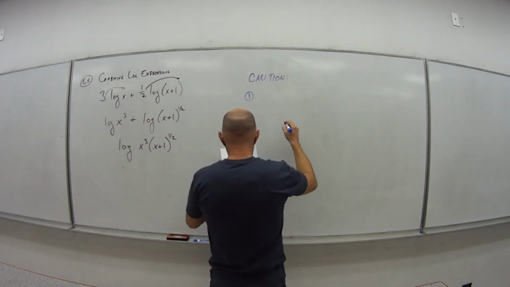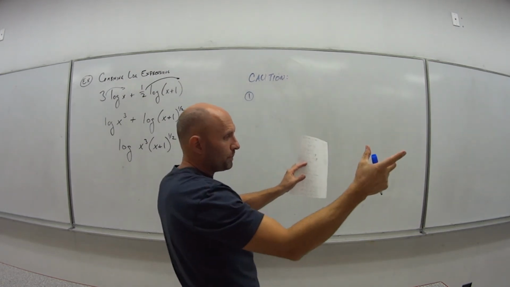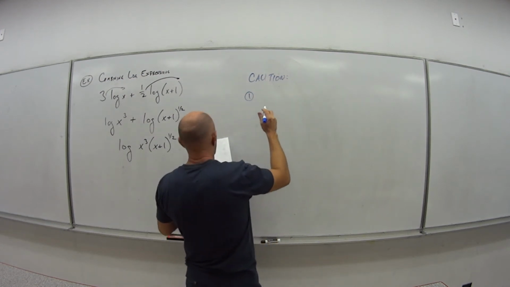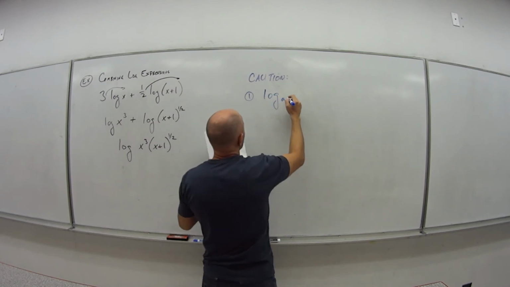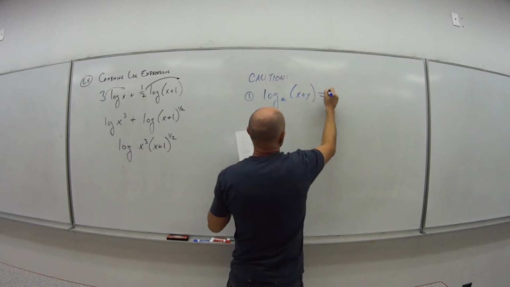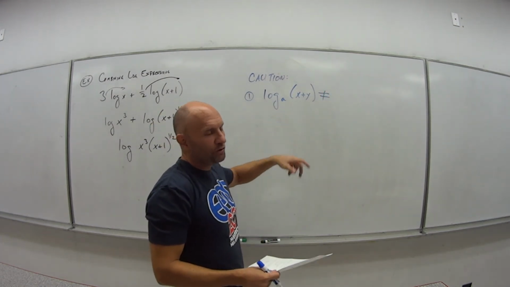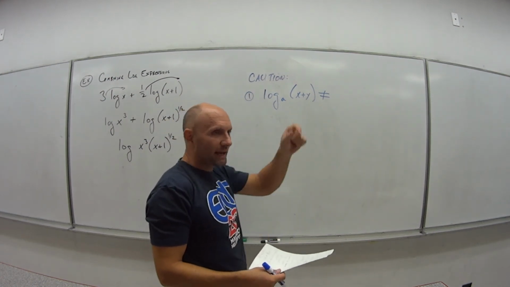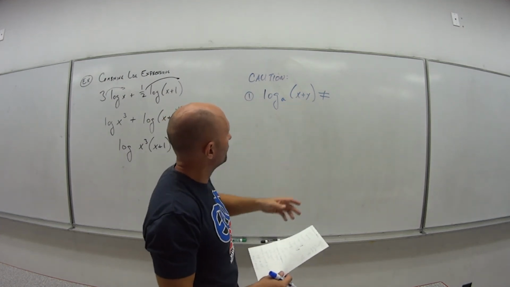So, you cannot say, when we had the addition, that was what? We had 2 pieces that we brought together and multiplied the pieces. However, we don't have this: log base A of x plus y is not equal to... this log is a function. You can't distribute functions. Just like if we have a square root, you can't distribute a square root sign to everything. So we can't distribute the log.